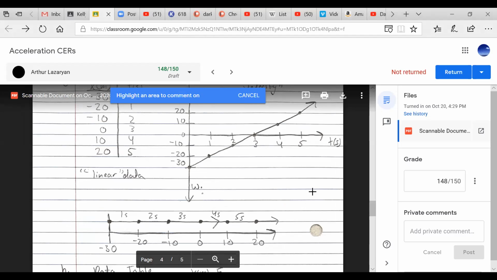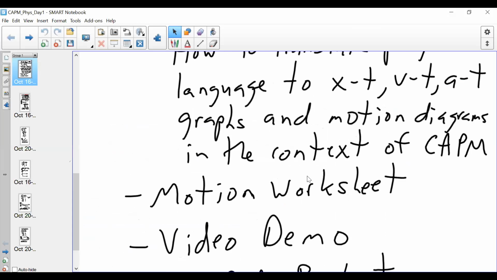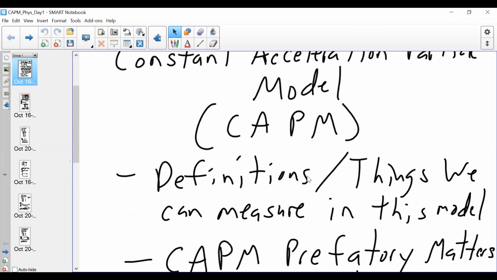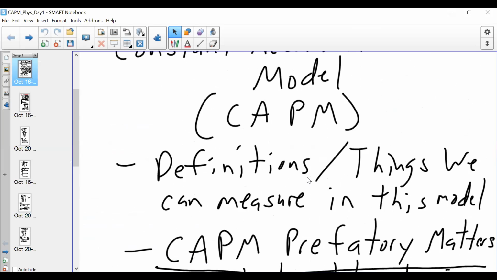Okay, so that's the end on that bit. So let's go to our new share. And all right. So does everybody have their CAPM? I trust that we downloaded it or we have it available in some form. Yes.